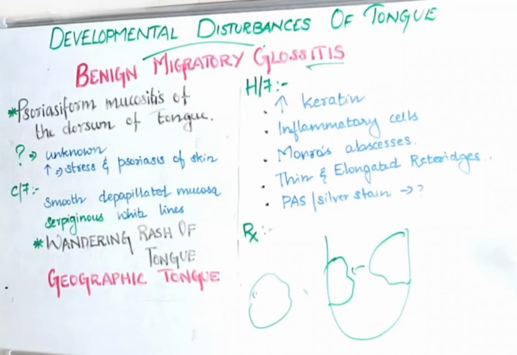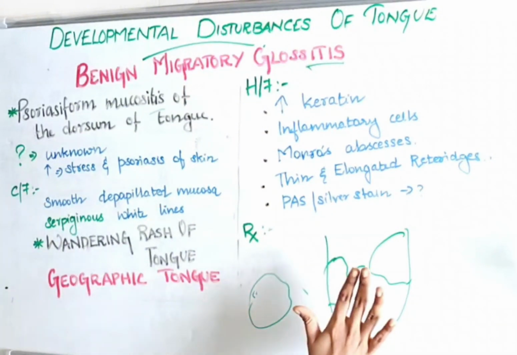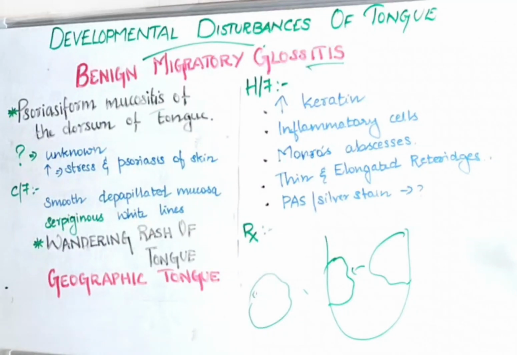In some cases, these lesions can even have ulceration. So your geographic tongue is also going to have the same appearance as psoriasis of skin. These are the things you can understand from the term psoriasiform mucositis of the dorsum of tongue.